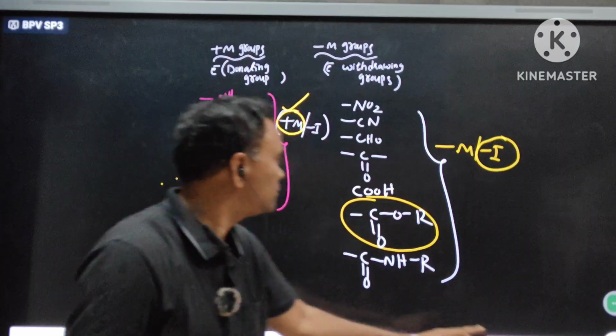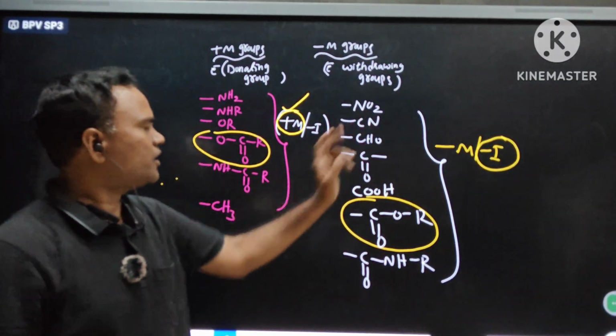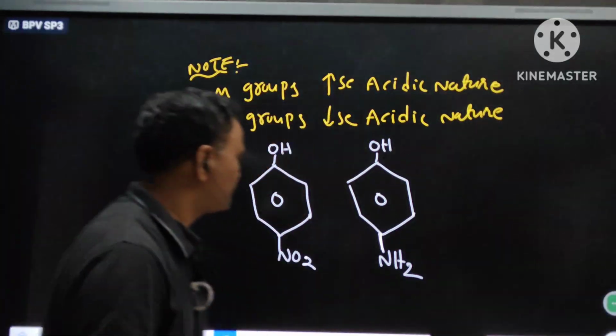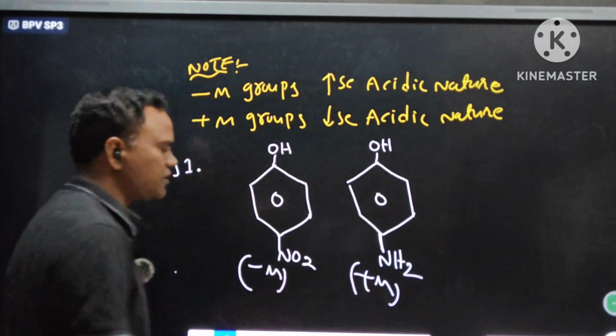Once go back. NH2 is a plus M group. NO2 is a minus M group. See, this is minus M, this is plus M. What are the statements? Read these two statements.